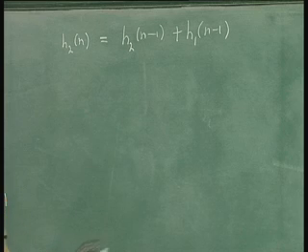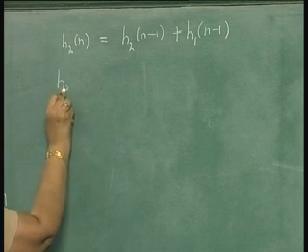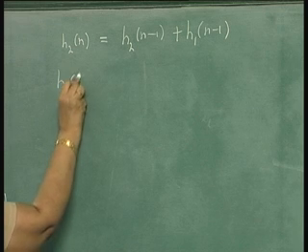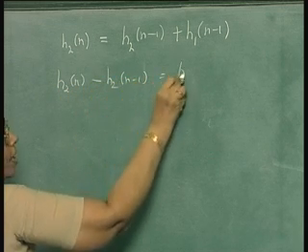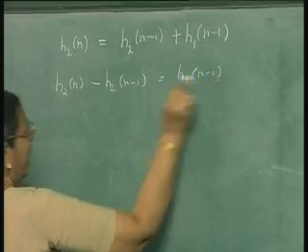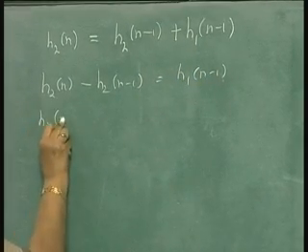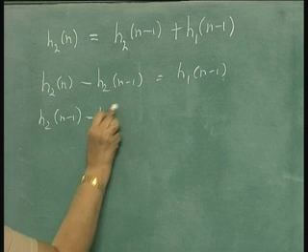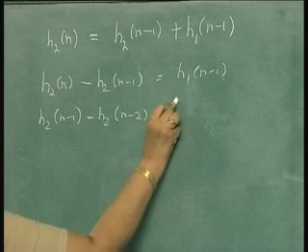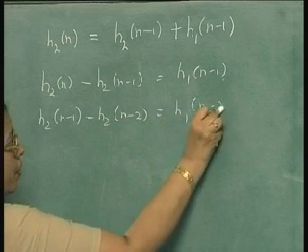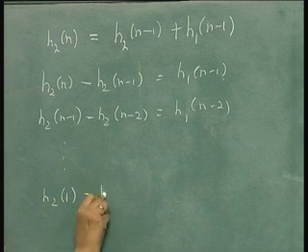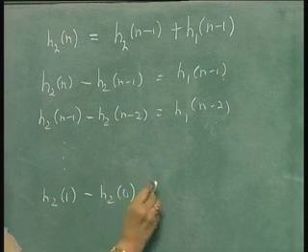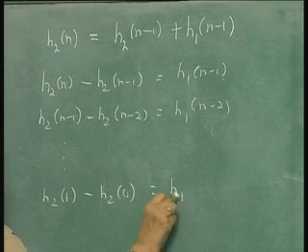Now, making use of this, if you try to solve, I will just write down like this: H2n minus H2 n minus 1 is equal to H1 n minus 1, H2 n minus 1 minus H2 n minus 2 is equal to H1 n minus 2 and so on. Finally, H21 minus H20 equal to H10.